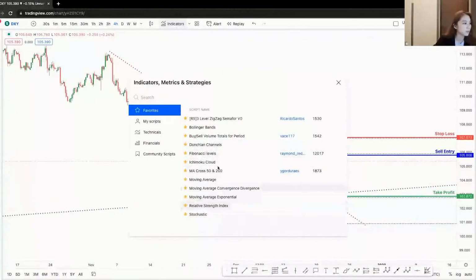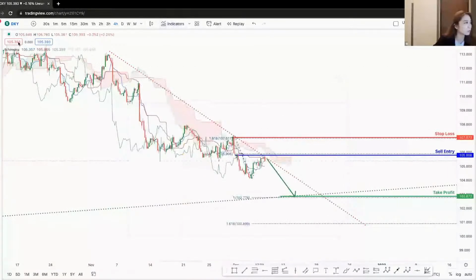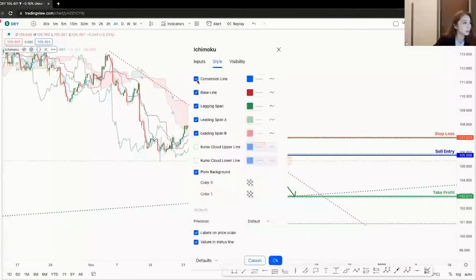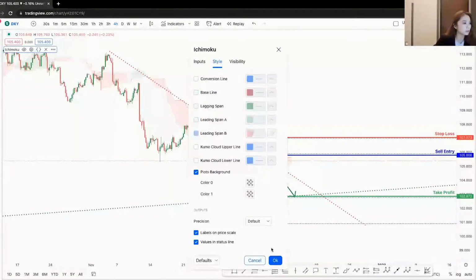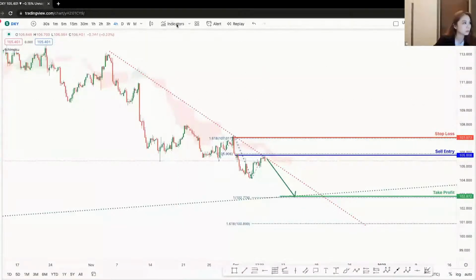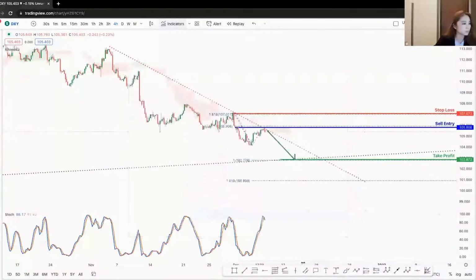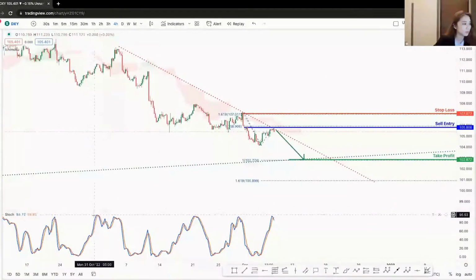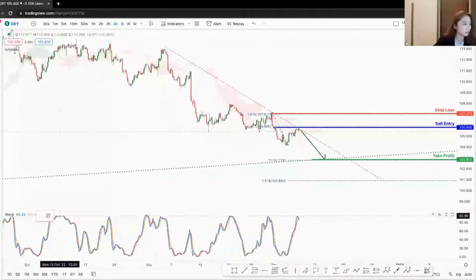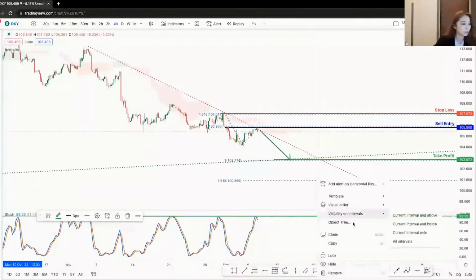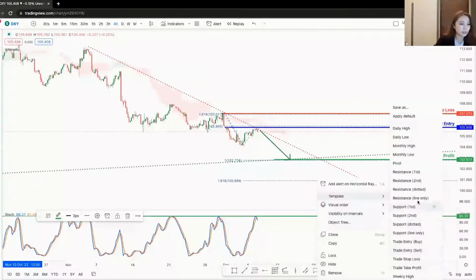We are also looking at the Ichimoku cloud, in terms of price being below the clouds. We can also see that stochastics right now is at the resistance. We are highly likely heading for a drop. Very beautiful resistance for this case.